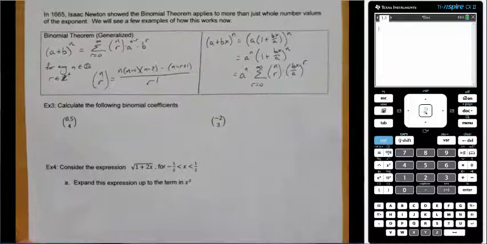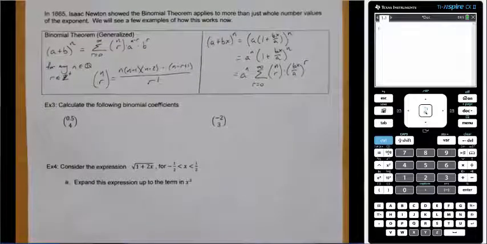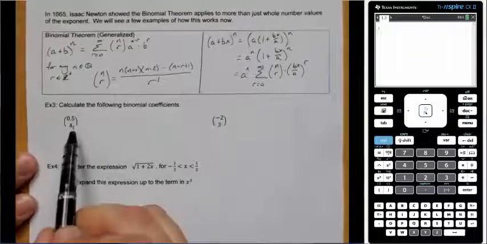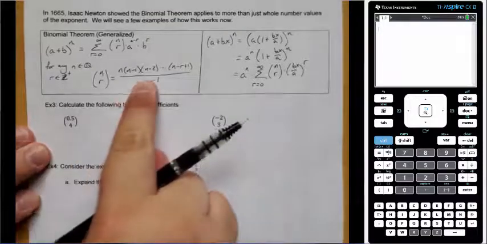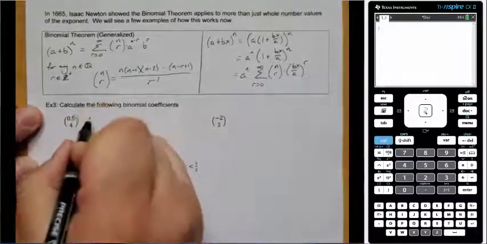Okay. So let's grapple with what some of this notation means, and then we'll attempt a couple of practice problems here. First off, how do we calculate something like this, like half choose 4? According to our definition, half choose 4 is the following.